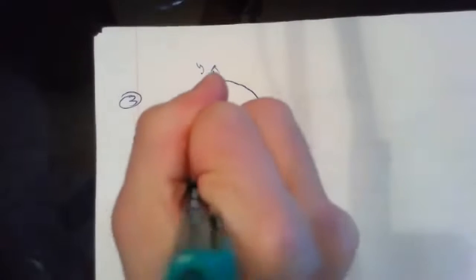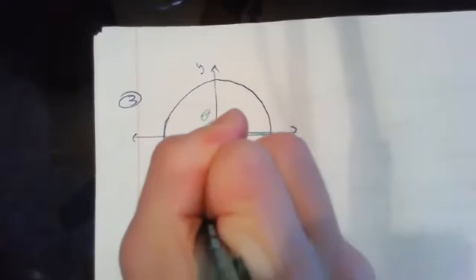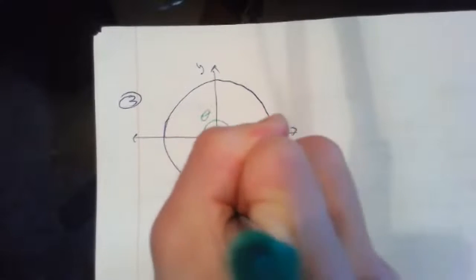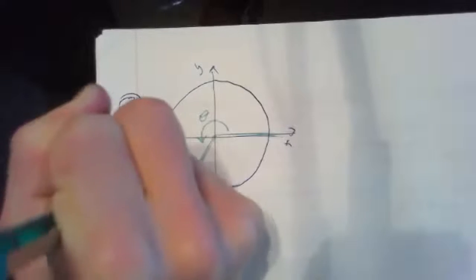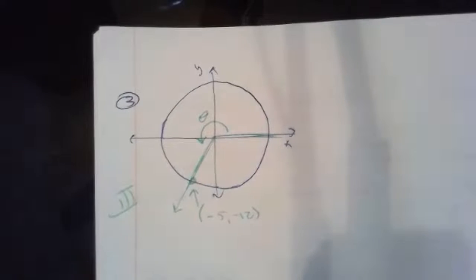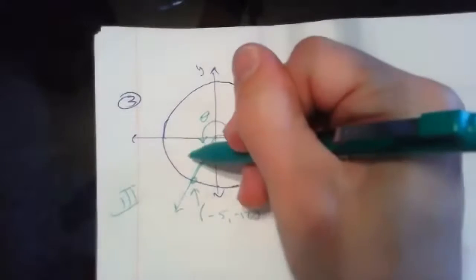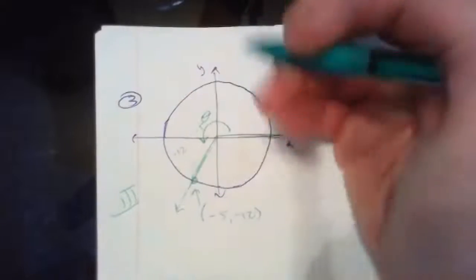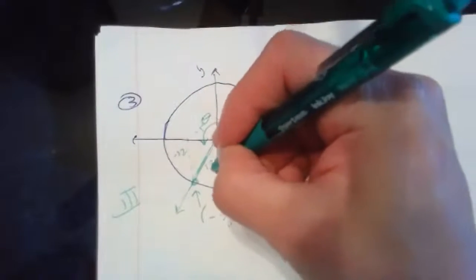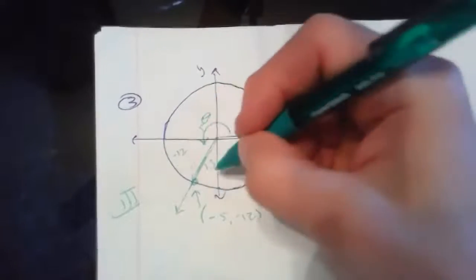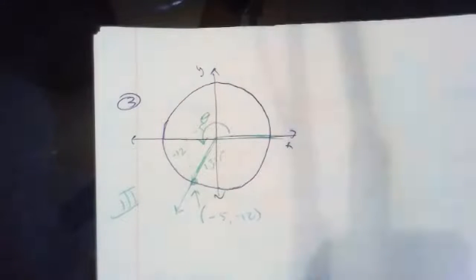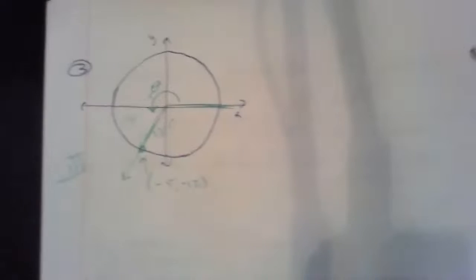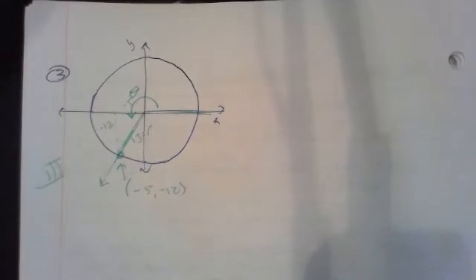Theta, and this point is -5, -12. It's in quadrant 3. And if we look at it as a right triangle, the x is -5, the y is -12. That means that the radius is 13. It's a 5, 12, 13. Again, if you don't know because you don't have it memorized, then use the Pythagorean formula.